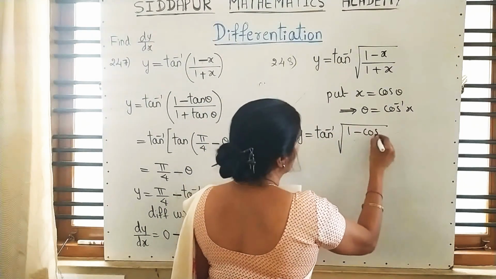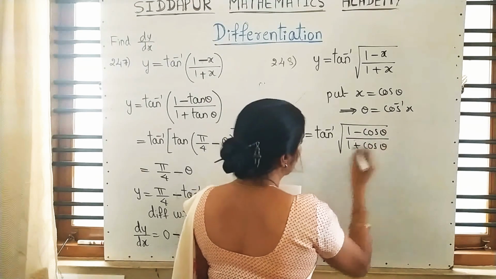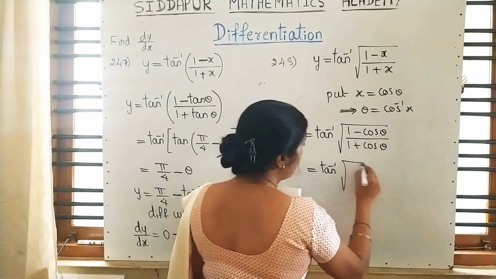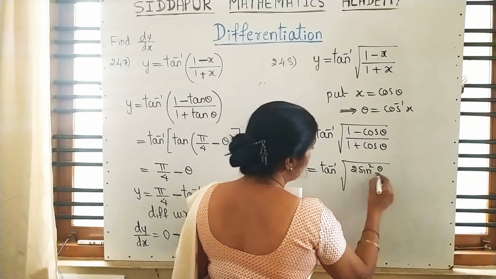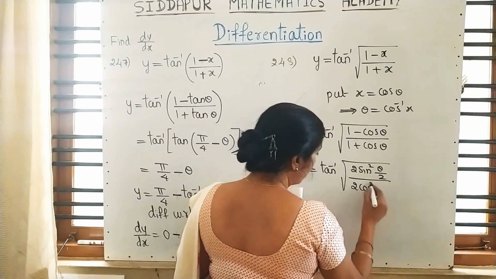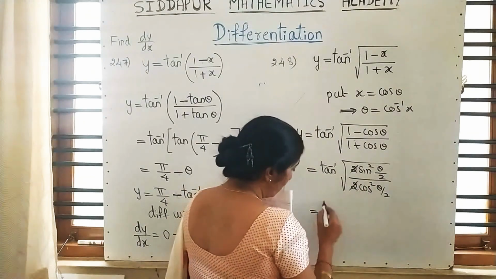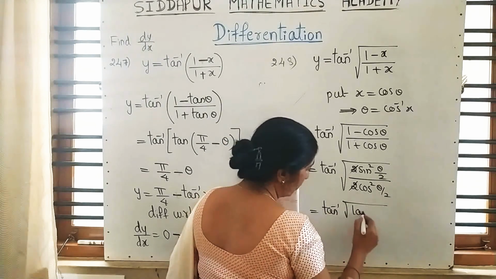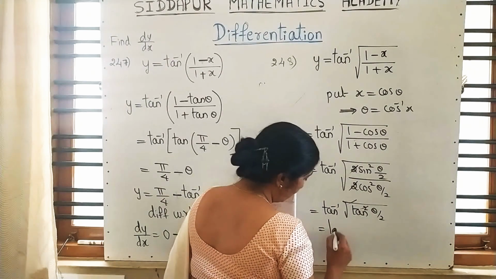One minus cos theta upon one plus cos theta, using multiples and submultiples. 1 minus cos theta is 2 sin square theta by 2. 1 plus cos theta is 2 cos square theta by 2. 2 and 2 get cancelled. Sin square by cos square is tan square, that is under root. Square root and square get cancelled.